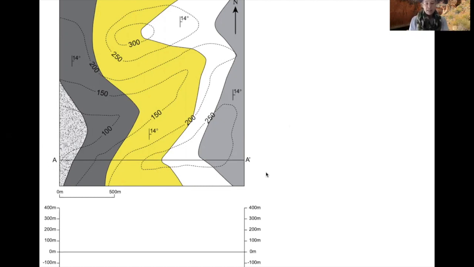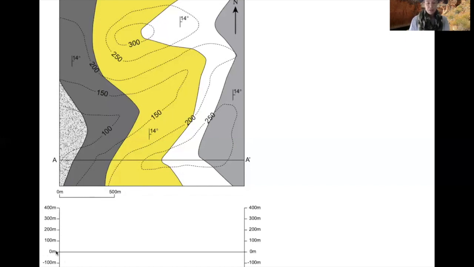But line A to A prime, we like to mark on our map surface where we are trying to visualize underground. This is our cross-section line. Below the map, I've drawn for you a cross-section box, which is where we're going to fill in the information we have on the map view and infer what it looks like underground.